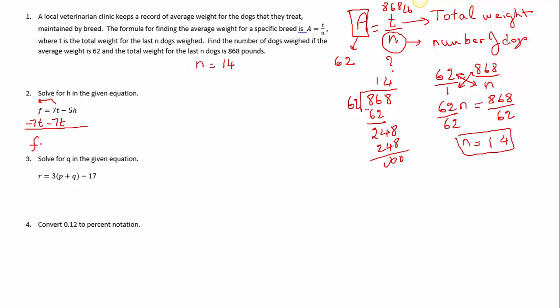This is f minus 7t equals, now 7t and minus 7t, because the sum is 0, they will cancel. So we end up with -5h on the left side. Since we want to isolate h, we need to divide both sides by -5.